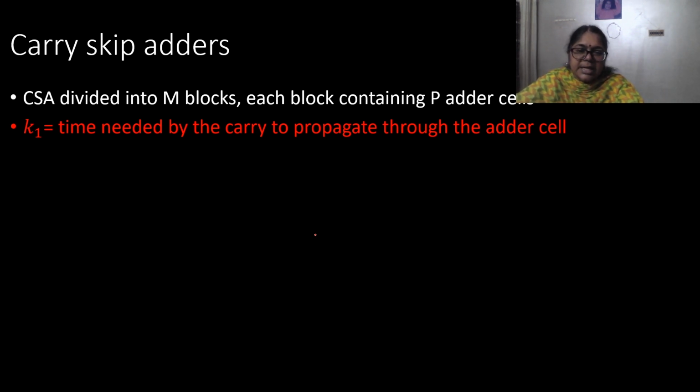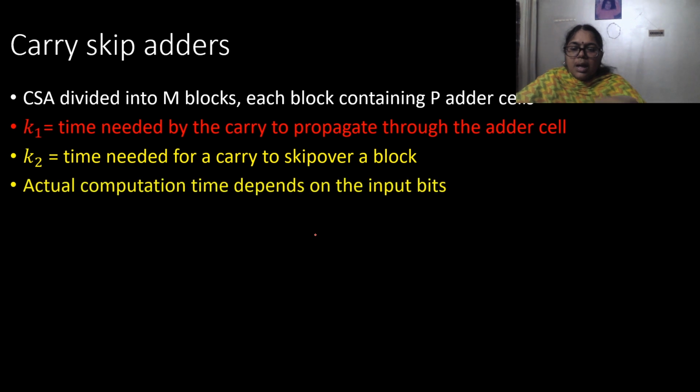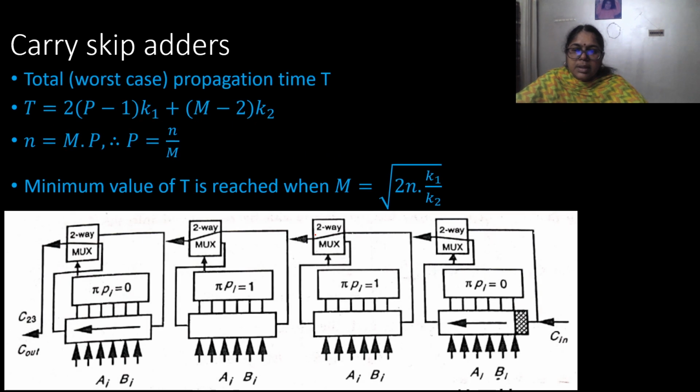K1 is the time needed by the carry to propagate through the adder cell. K2 is the time needed for the carry to skip over a block. The actual computation time depends upon the input bits given to the block.